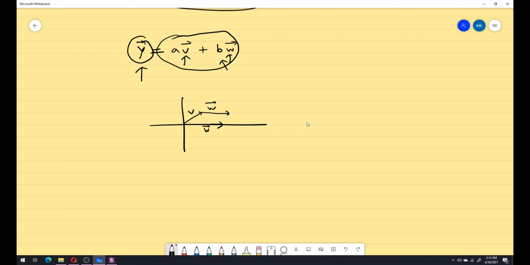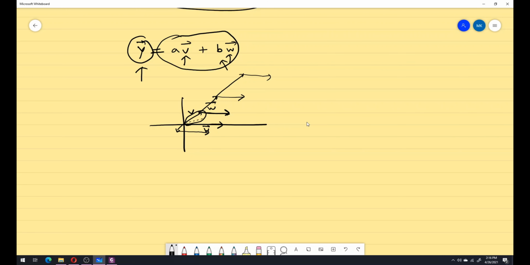Now if you fix one of the vectors, let's say you fix the w vector, and you let the other vector move freely, so basically you're scaling this vector, right?